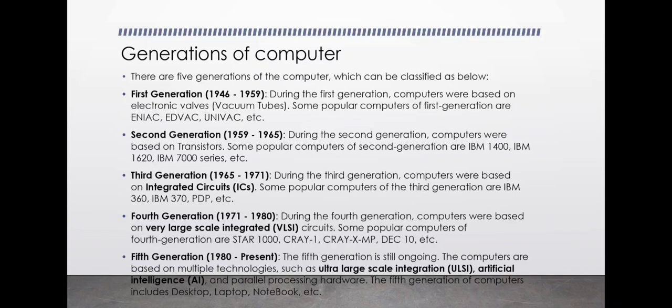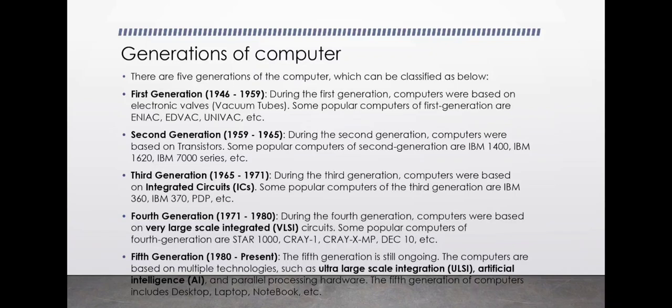Some popular computers of first generation are ENIAC, EDVAC, UNIVAC, etc. Second generation, 1959 to 1965. During the second generation, computers were based on transistors. Some popular computers of second generation are IBM 1400, IBM 1620, IBM 7000 series, etc.